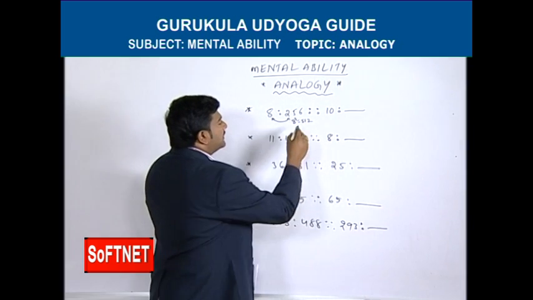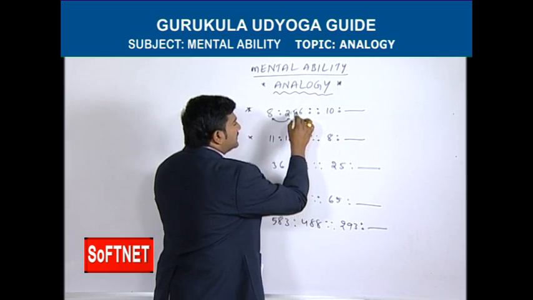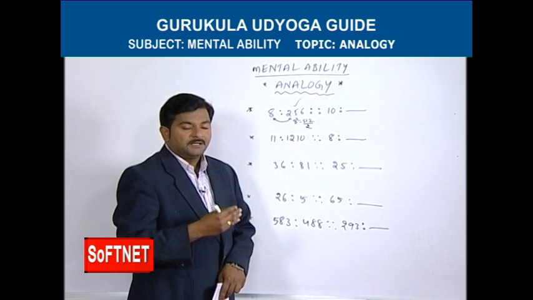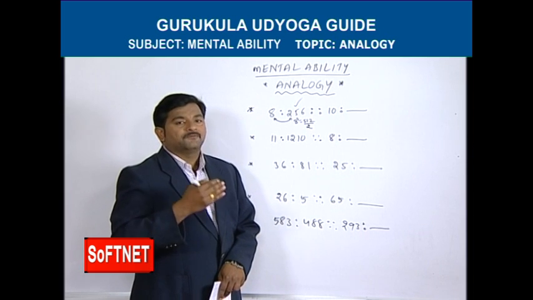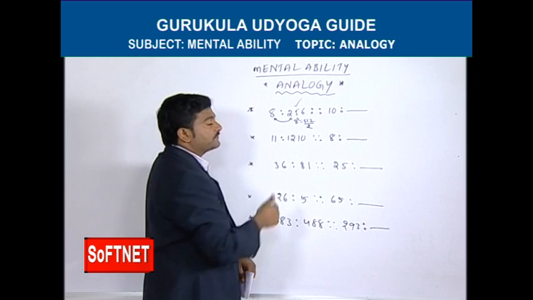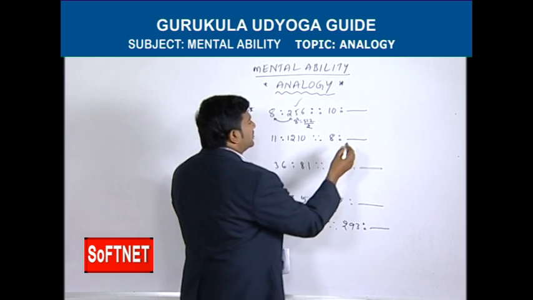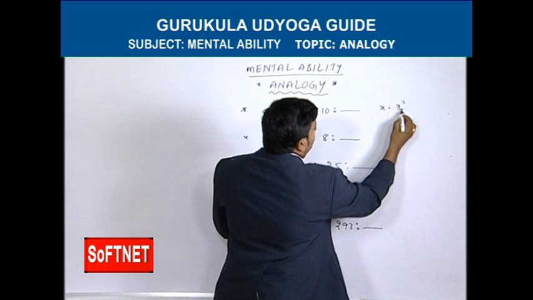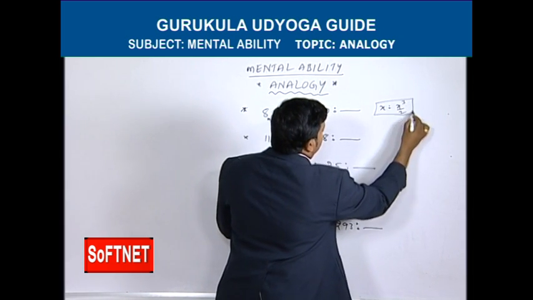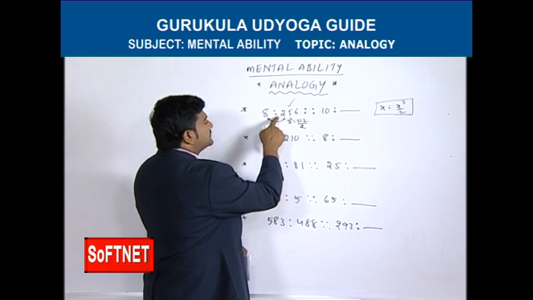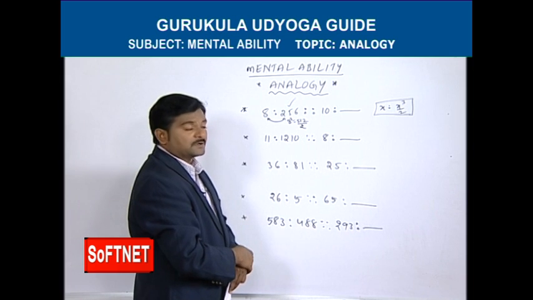So indirectly half of 512 is 256. The concept involved is, in general, x is to x cube by 2. So 8 is to 8 cube by 2. That is the concept involved.